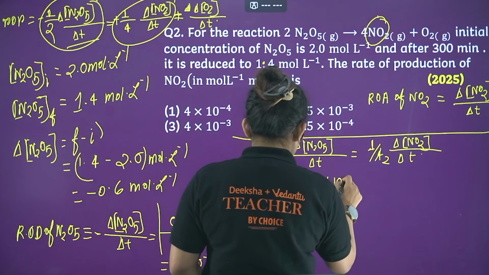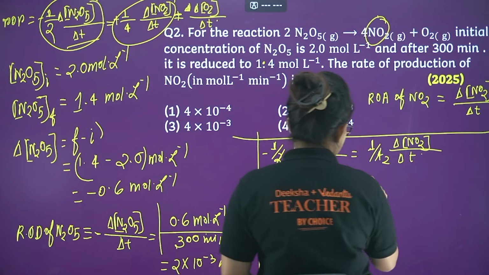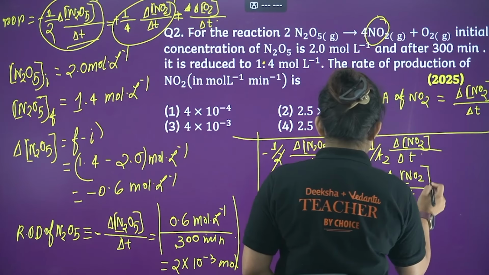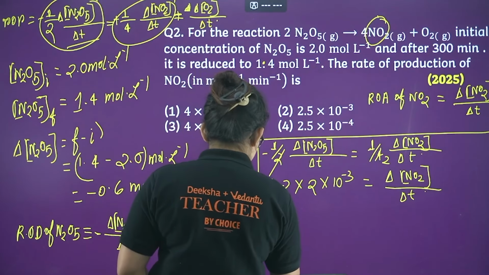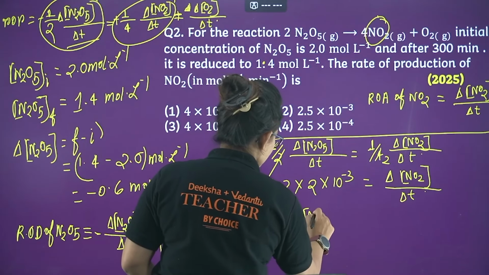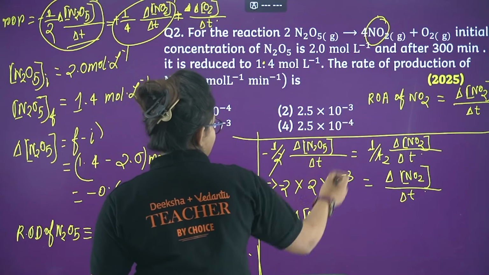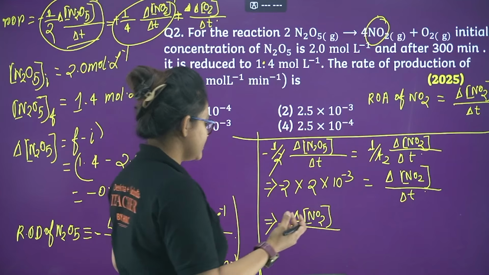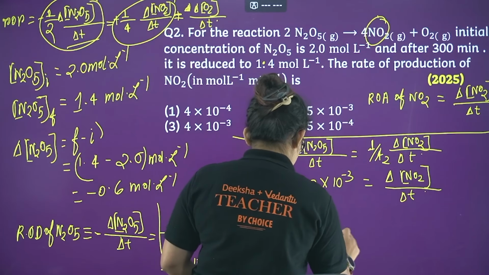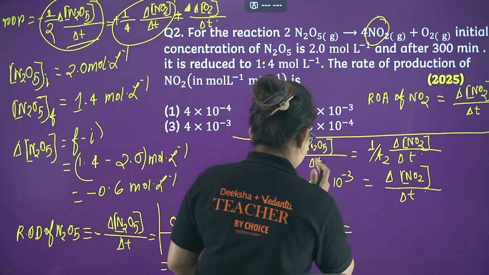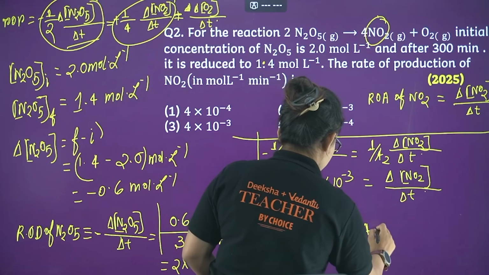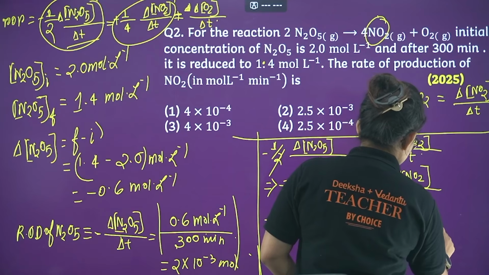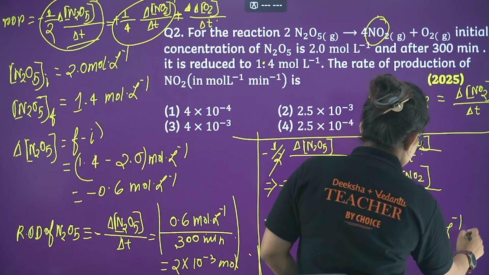Simply calculating, the rate of appearance or production of NO2 with respect to time, which is what they asked, is going to be 4 into 10 power minus 3, and the unit is mole per liter per minute.